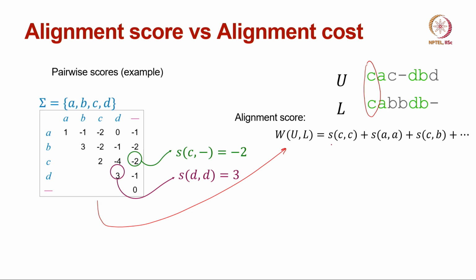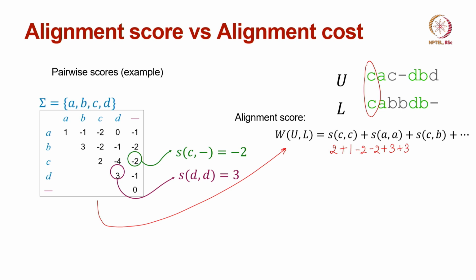For C to C it is 2, plus A to A, that is 1, then we have character C matching with character B. For that in this matrix we have a -2 penalty, then we have dash to B. For that we have a -2 penalty, then D to D match, that is +3, then B to B, that is again +3, and then we are matching D to the dash symbol.